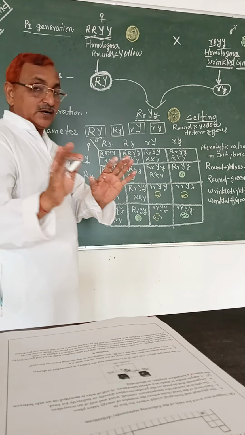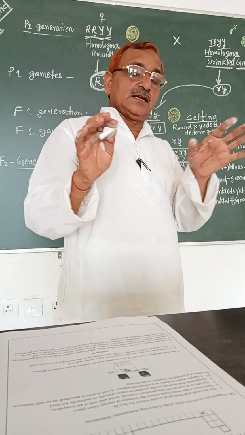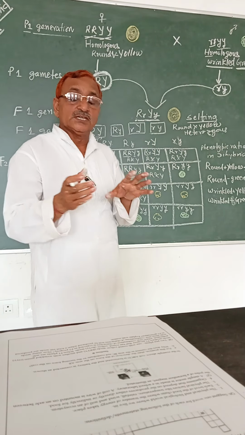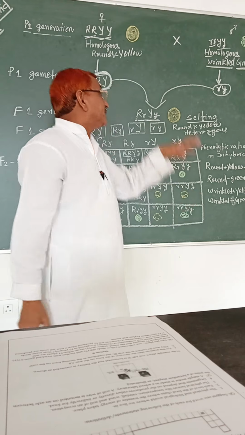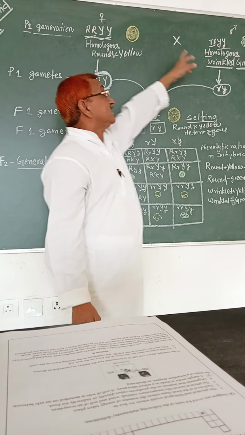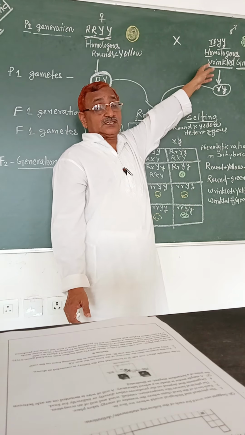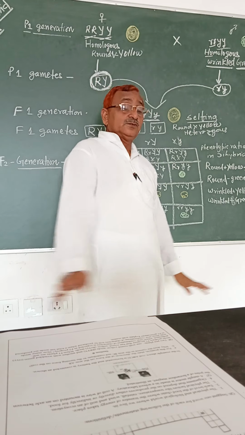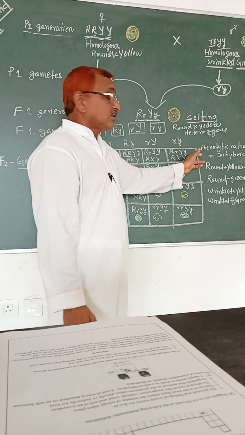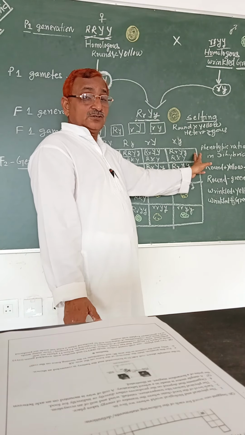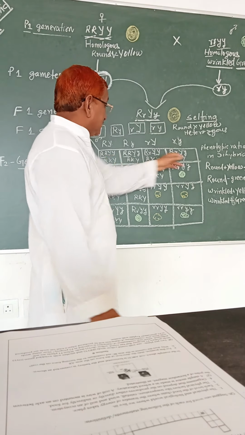When we talk about the dominant parents in a dihybrid cross, if you take the dominant parent from one generation and the recessive parent from the other, without any confusion write all of the 16 phenotypes in this way.